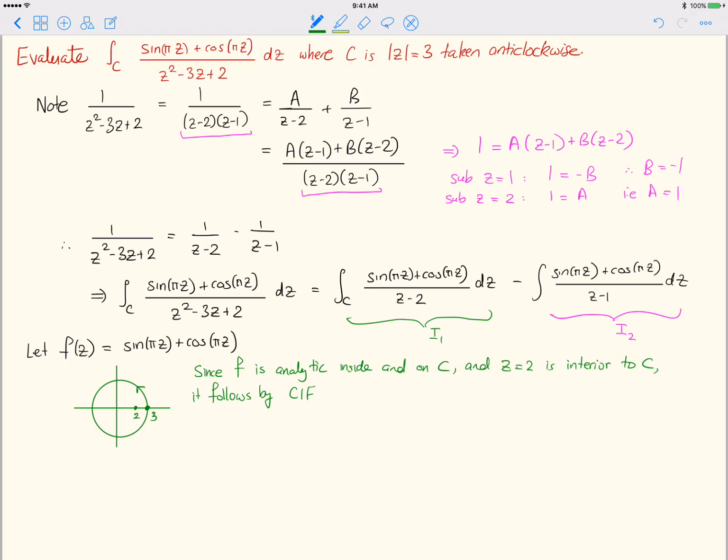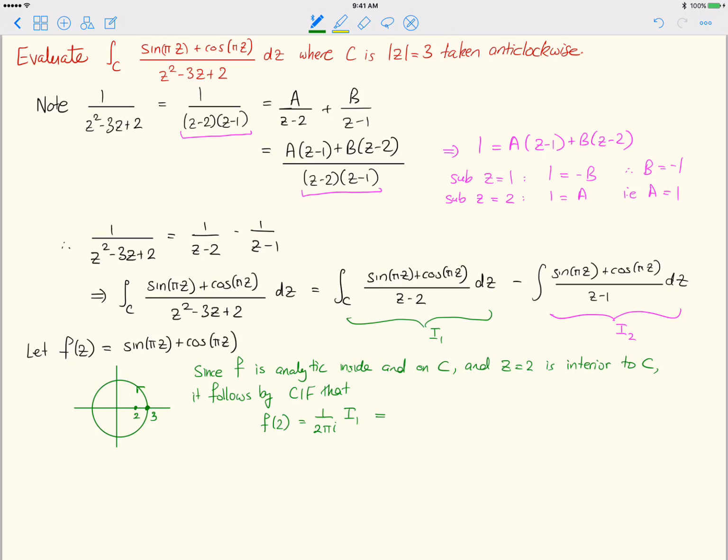So it follows by Cauchy's integral formula that f of 2 will be 1 over 2 pi i times exactly what I've called I1, right?